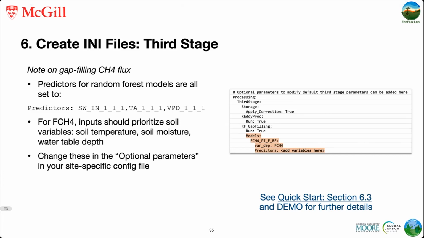But for the methane flux, we're recommending that the inputs should prioritize soil variables, such as soil temperature, soil moisture, and water table depth. And so you would change these within that site-specific config file, and it would look something like this right here. And you can also change the predictors for other variables. This advice is just specifically for the methane flux.